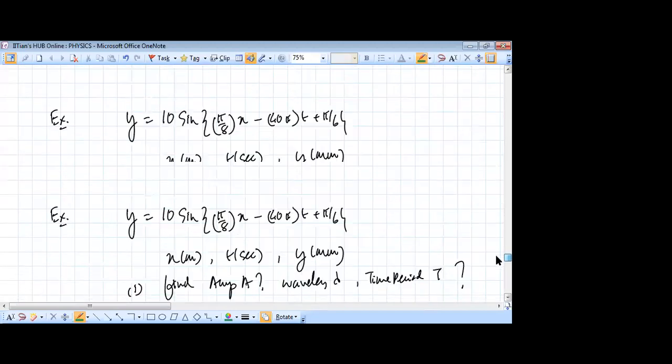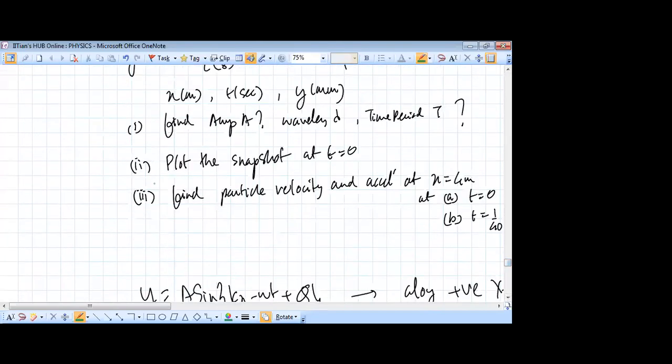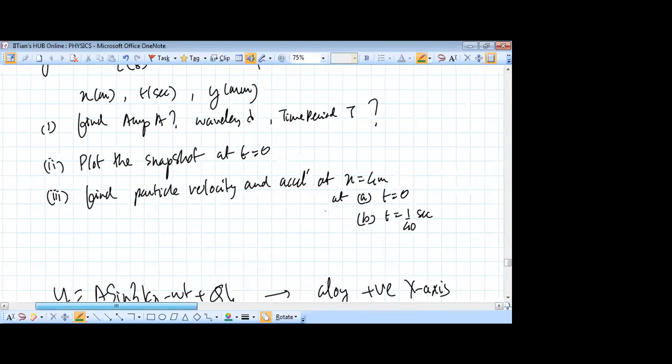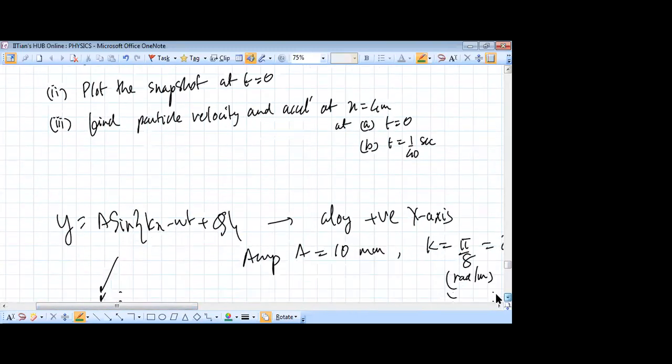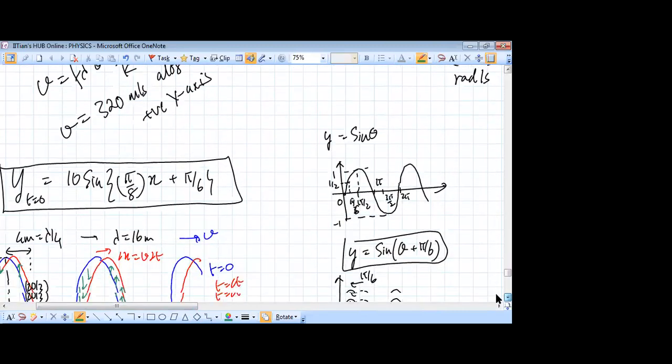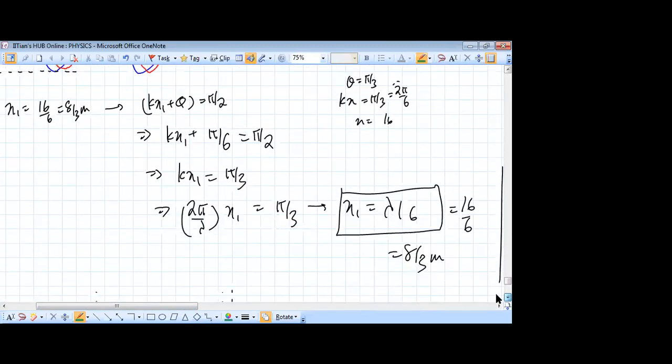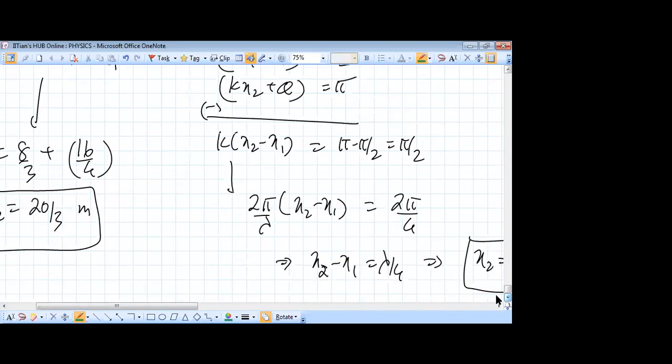Okay, so let's come to the last part of the question. So we've plotted the snapshot. Now let's find the particle velocity and acceleration at the point x equal to 4 meter at these 2 times. Okay. So that is again just applying mathematics, nothing else.